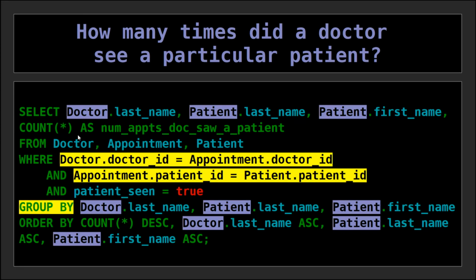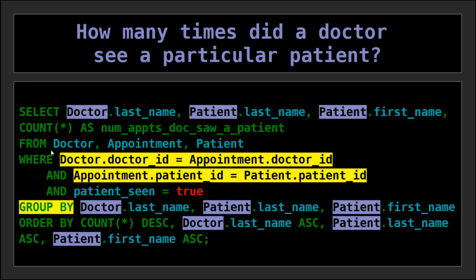That's why it's written like this, count star, because we shouldn't have null values, but whatever. This just makes your code not as weird. We're just going to count with the more simple syntax. I just went with that. And I'll call it the number of appointments that the doc saw a patient.